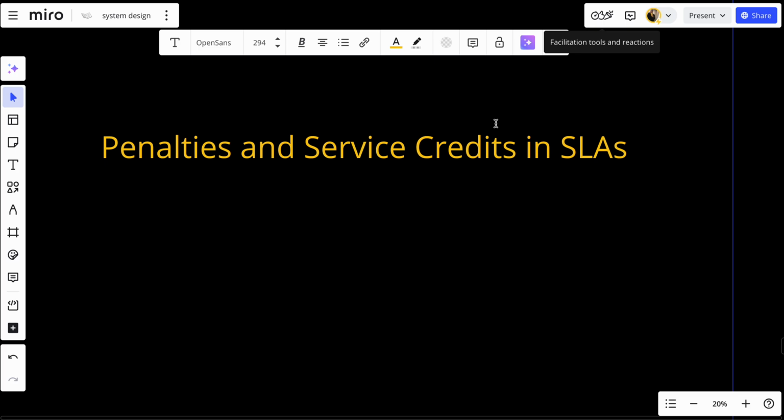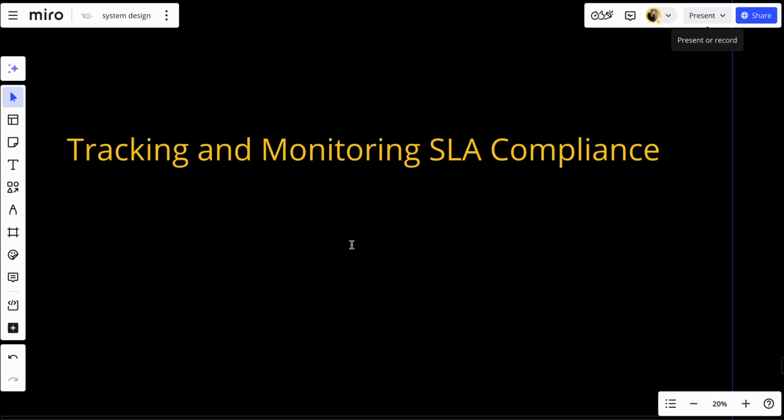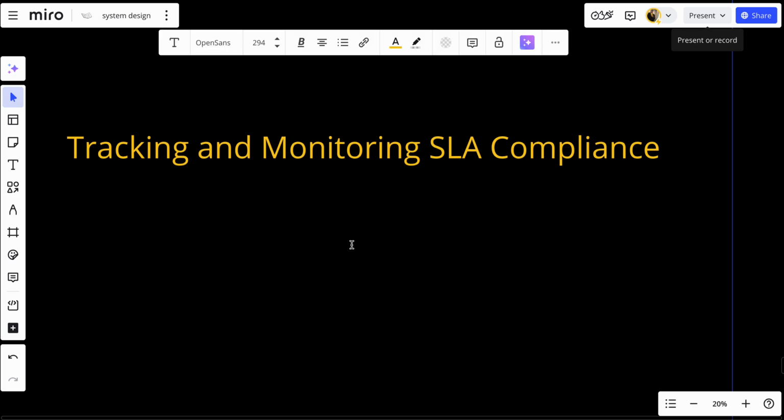This ensures accountability and gives customers some relief for disruption. To ensure that you are meeting your SLAs, it's important to use monitoring tools to track performance, availability, and reliability metrics in real time. Tools like Datadog and New Relic can track these metrics and alert you if any slip below the SLA targets.